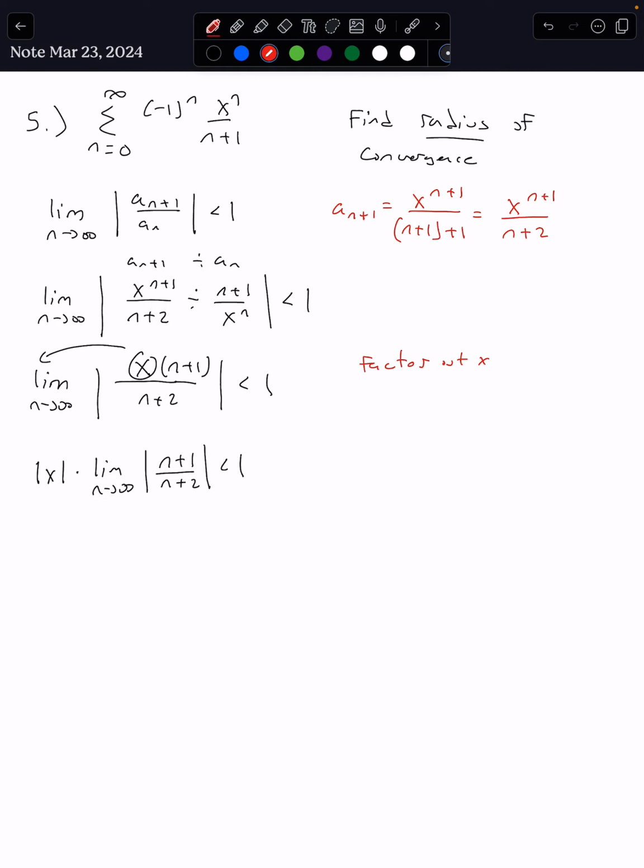Now, looking back at our old limits from earlier this year, we know that as n goes to infinity, n plus 1 over n plus 2 just becomes 1. So this whole term right here just becomes 1. And I can write that. So this is just going to become the absolute value of x is less than 1.